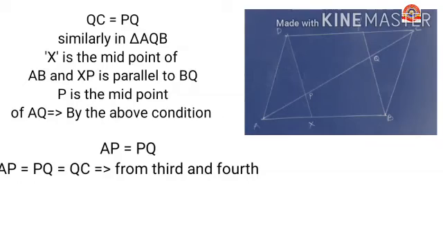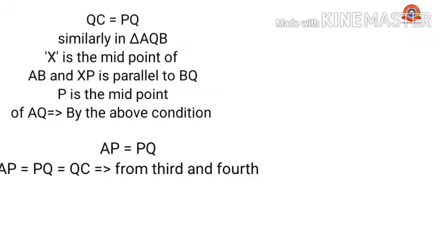Similarly, in triangle AQB, X is the midpoint of AB and XP is parallel to BQ. Therefore, P is the midpoint of AQ by the above condition. Hence, AP is equal to PQ. Consider it as the fourth one. From third and fourth, we can prove AP is equal to PQ is equal to QC.